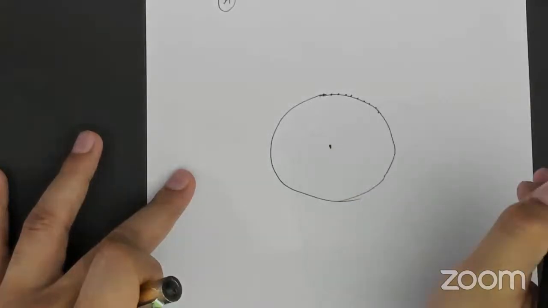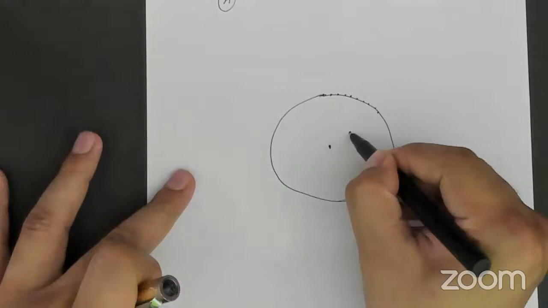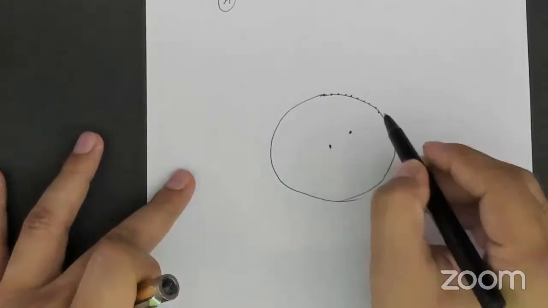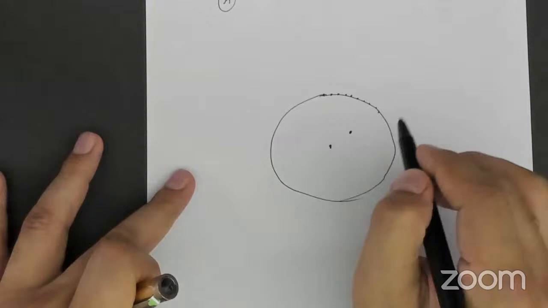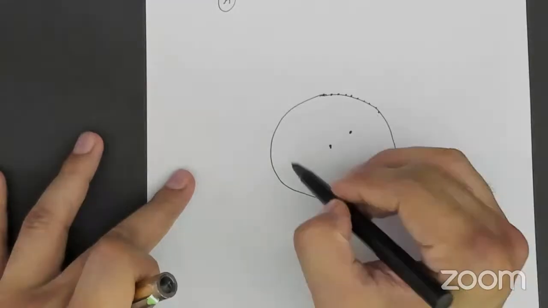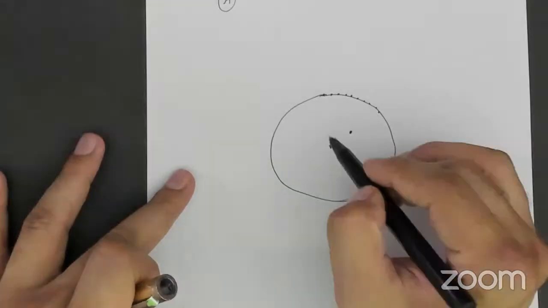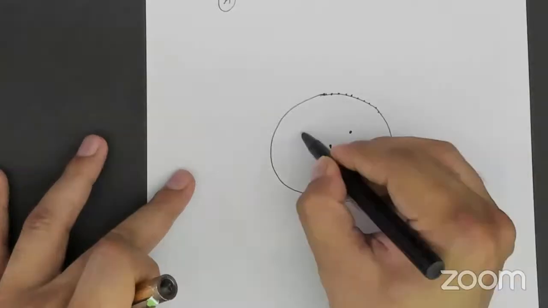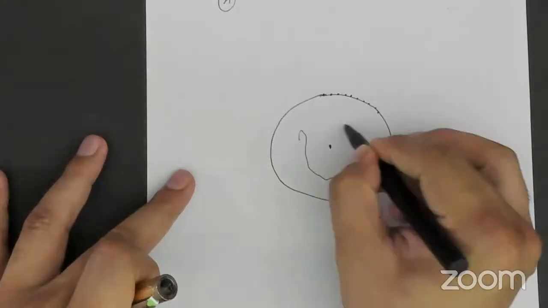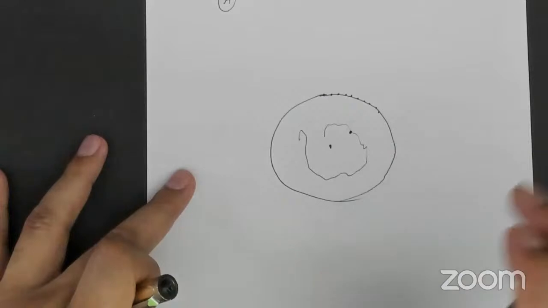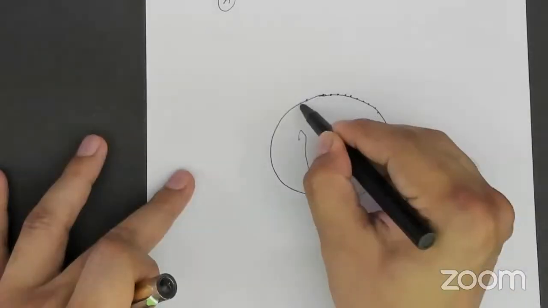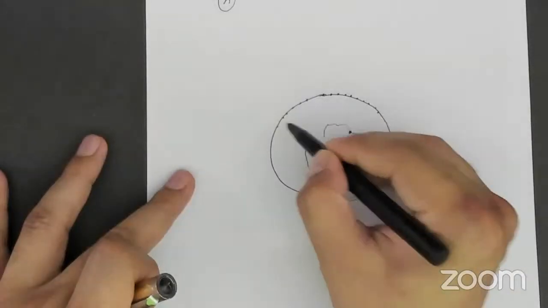This entire area can be termed as the area inscribed by the circle. This is not a circle. This whole portion is not part of a circle. This is a circle. These are all the points which have the same distance from the center.